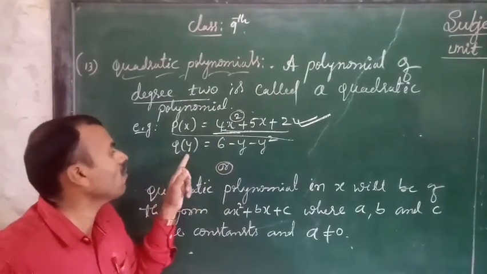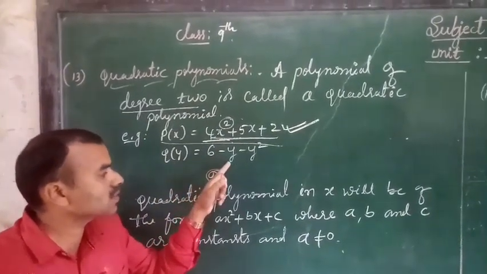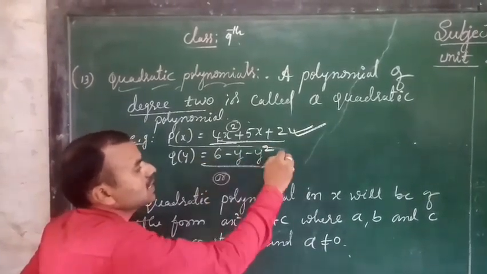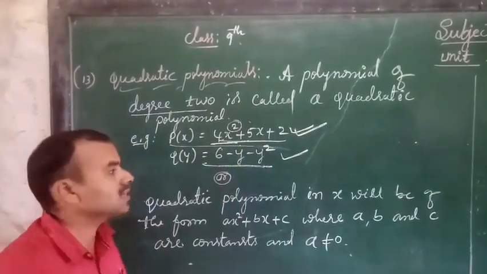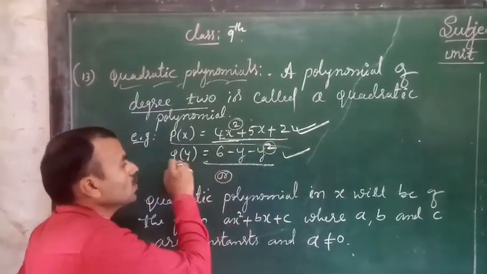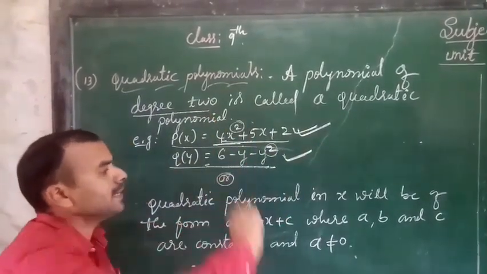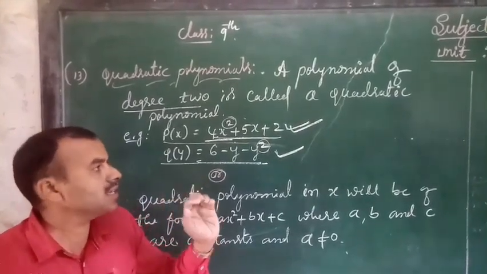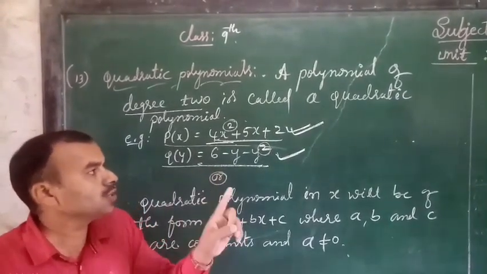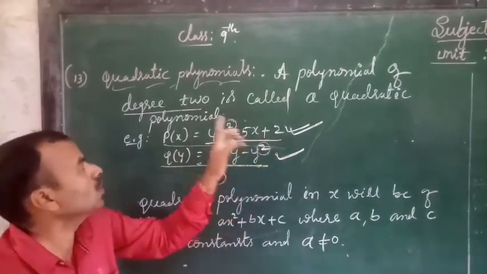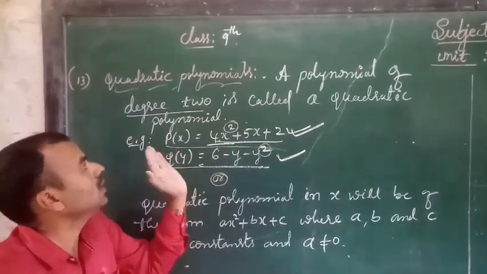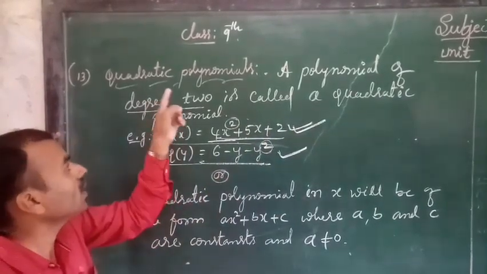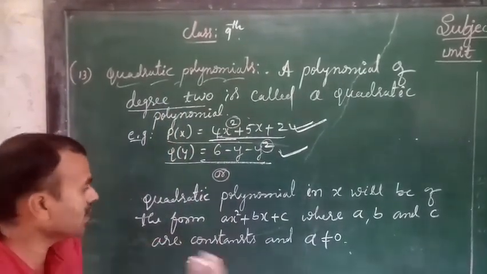Next, q of y equals 6 minus y minus y square. In this polynomial, highest degree is 2. So this is a quadratic polynomial. If the highest power of the variable is 2, such polynomials are called quadratic polynomials.